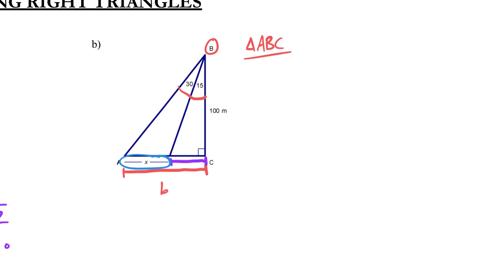The side I was given in the problem, my 100, would be from an angle of 45 degrees. Notice that compound angle, 30 plus 15, gives me a total angle of 45. Okay, so what does that tell me? Well, if opposite 45 is B, adjacent is 100, that's my tan ratio.